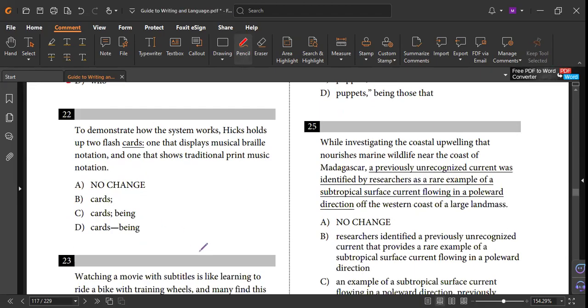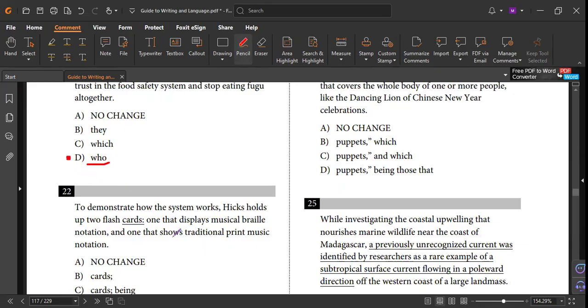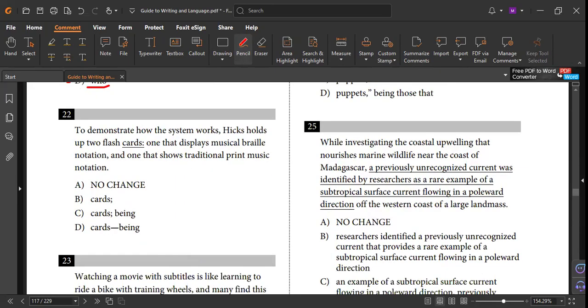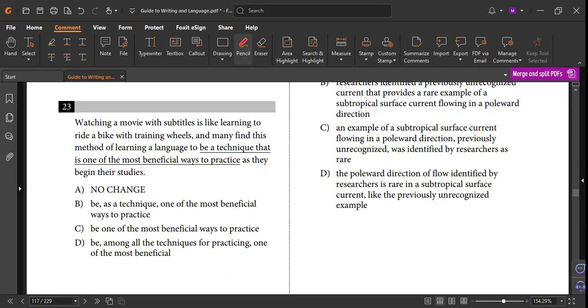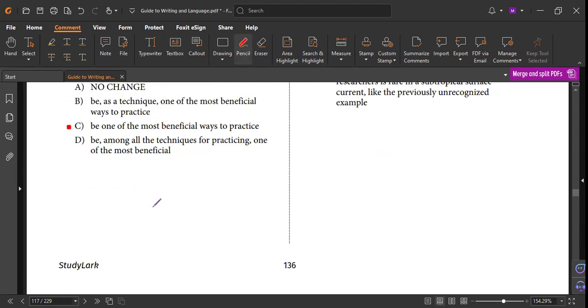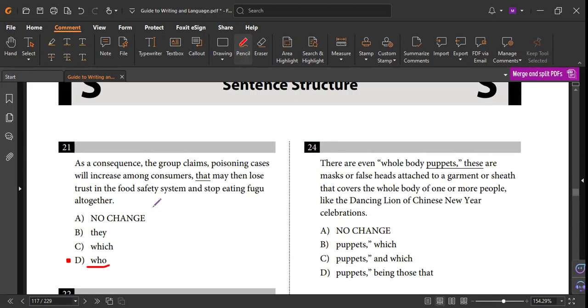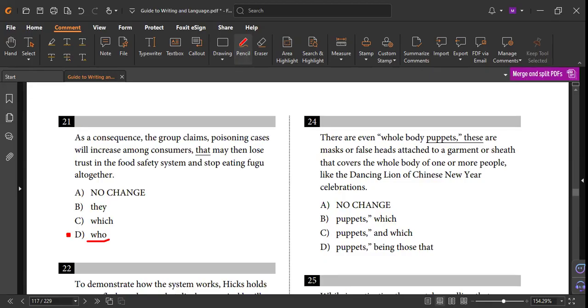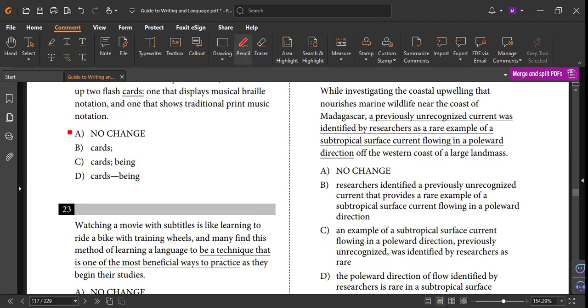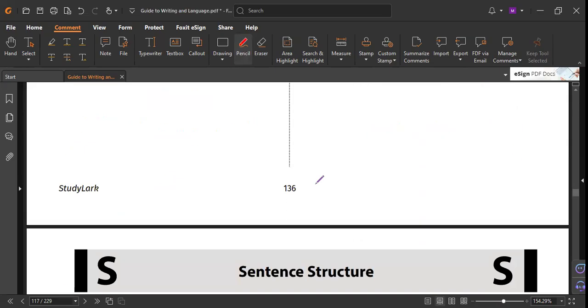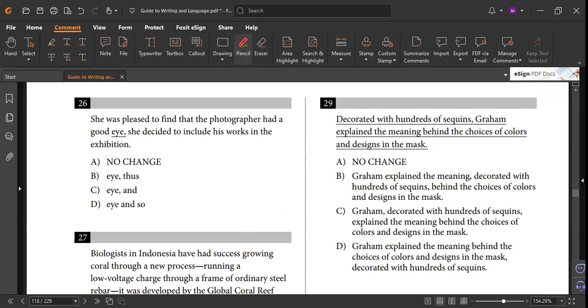D, not B. Yeah, the last one is "who," correct. Okay. 22 is A. 22A, correct. 23C. 23C, correct. 24B. 24B, correct. 25B. 25, yes, you did it, correct. 26B.